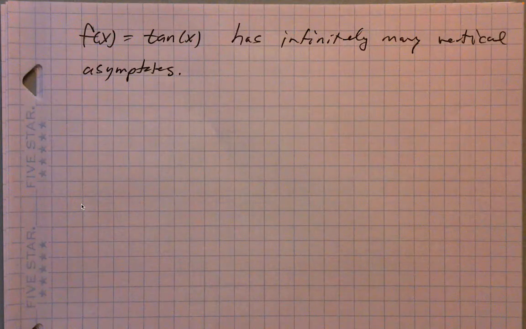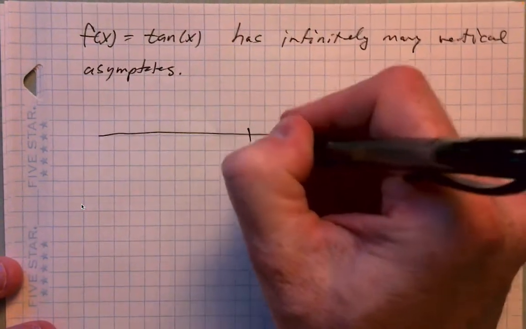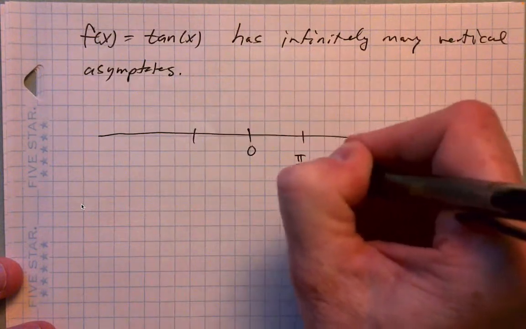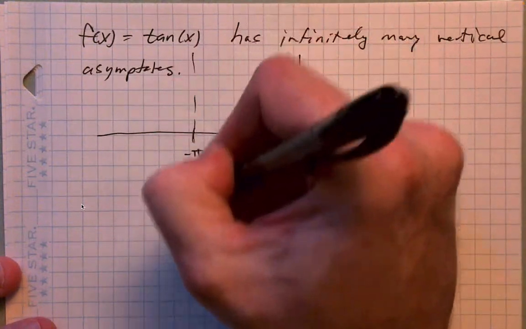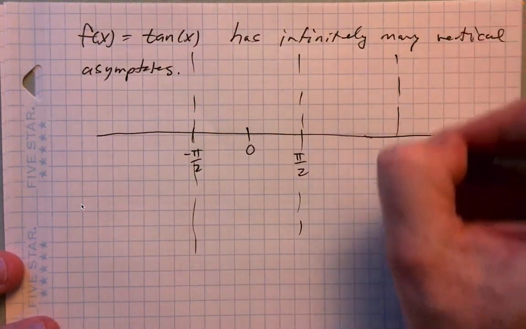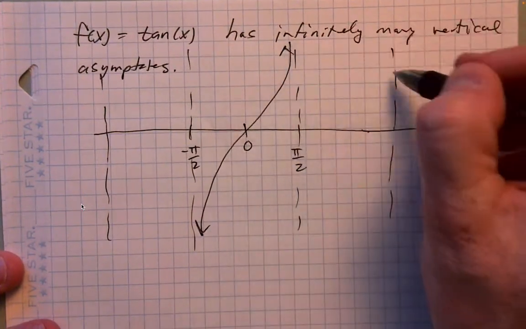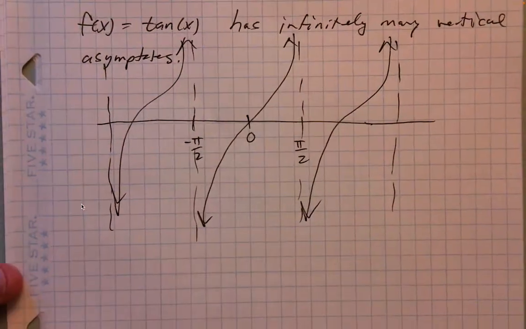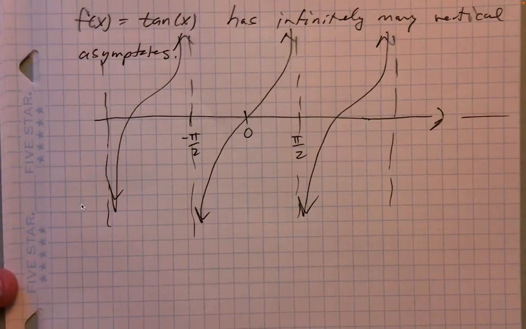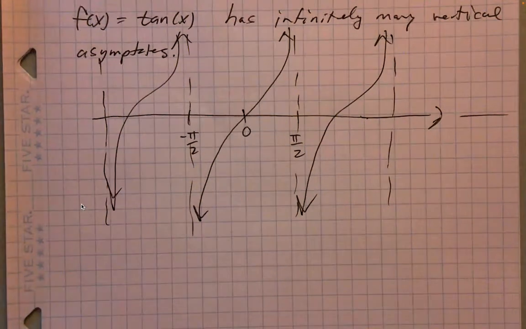Okay, so just something to note. So if you recall the tangent function, if that's 0, it has asymptotes every pi radians, right? So it kind of looks like this. Does the same thing over here. It just does this to infinity as you move out on the x-axis. So it has infinitely many vertical asymptotes. Okay, just a reminder there.